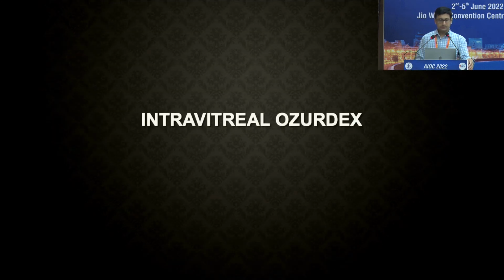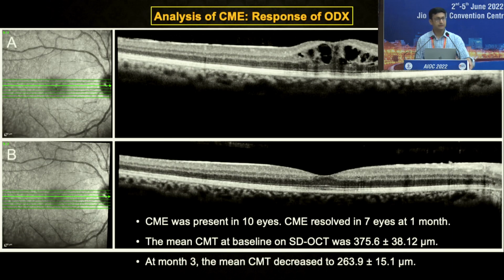So intravitreal Ozurdex is one agent that could be used longer, and CME becomes an important indication for Ozurdex. So if you have a patient of, let's say, intermediate uveitis with cystoid macular edema, or if it's a posterior uveitis which is non-infective, you can go ahead with the Ozurdex implant. And we've done a study as well in which we analyzed the use of Ozurdex in TB uveitis as well.